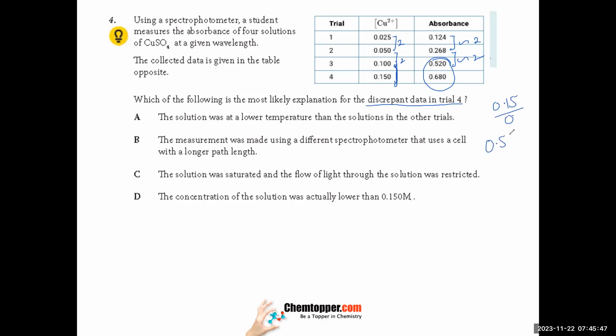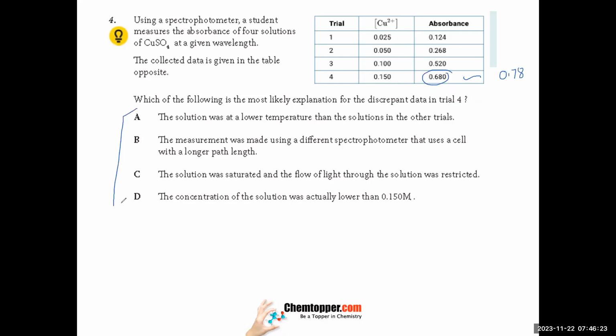So 0.520 times 1.5. How much is that? I don't think it is this, right? It should be 0.78. Yeah, near about. It's not exactly, near about. So Anil is saying that this data should be 0.78. But it's not 0.78. The expected value should be 0.78, but it's 0.68.